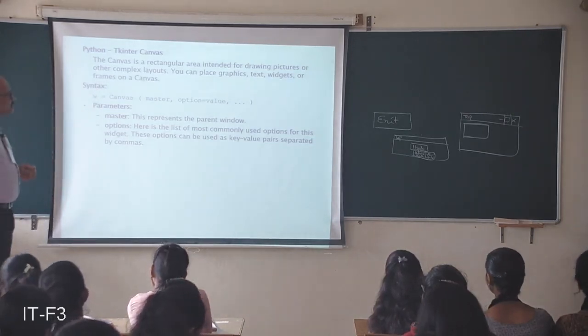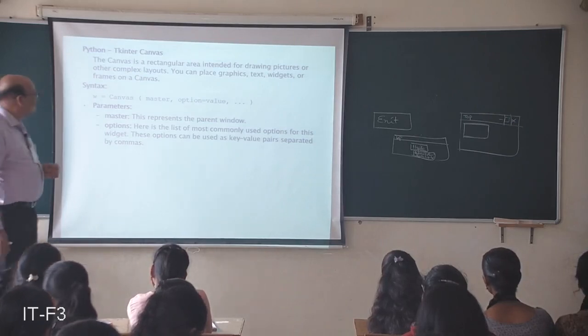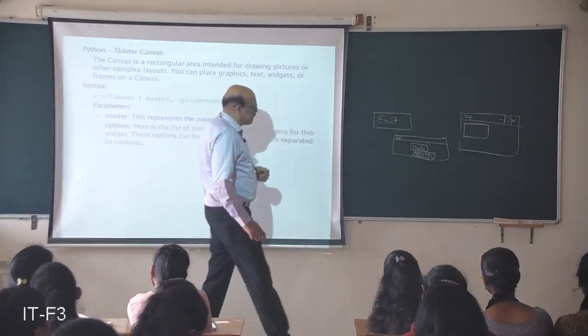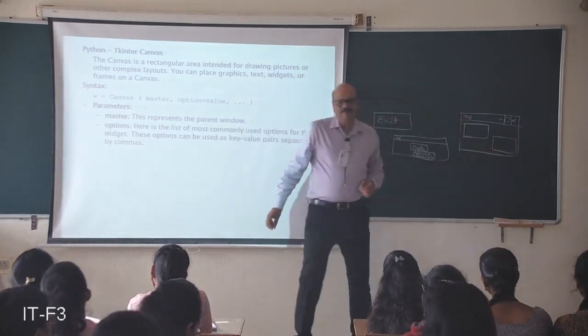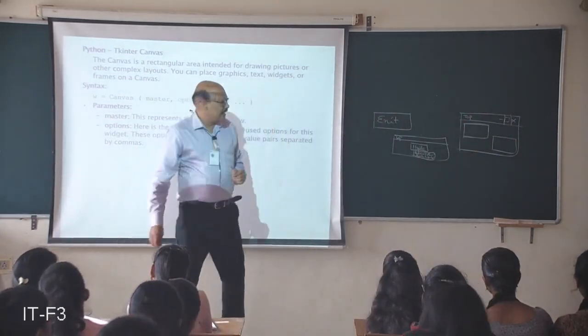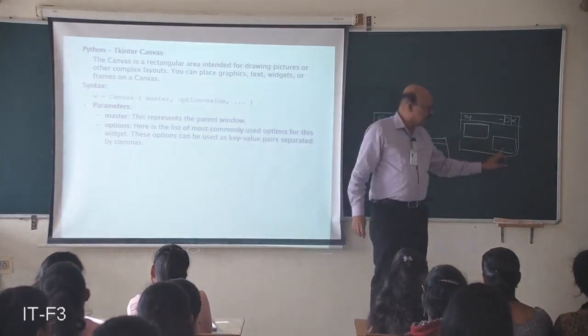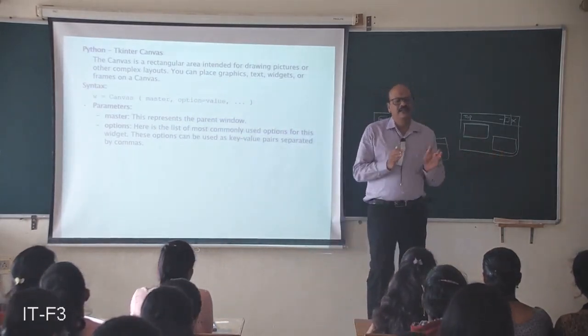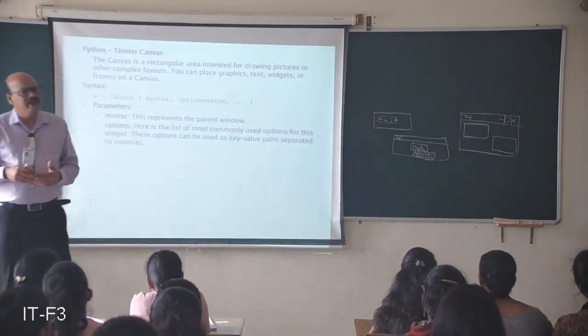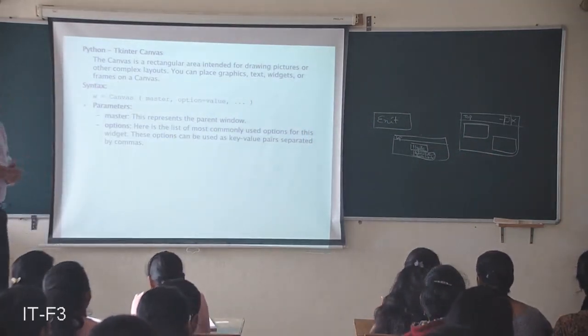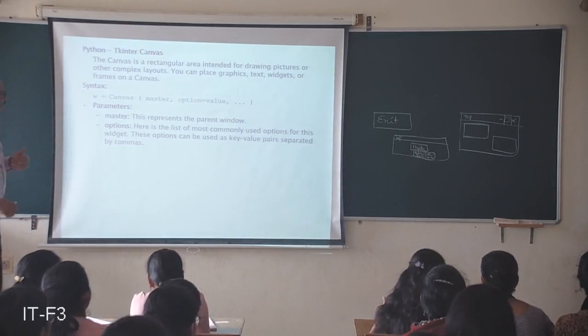So you can place graphics, text, widgets or frames. See, what is this complex? You can create multiple canvases on the same window. So here I can display one image, here I can play some video. When you want to do multiple things on the same window, you can divide it into multiple canvases. So that is the advantage.